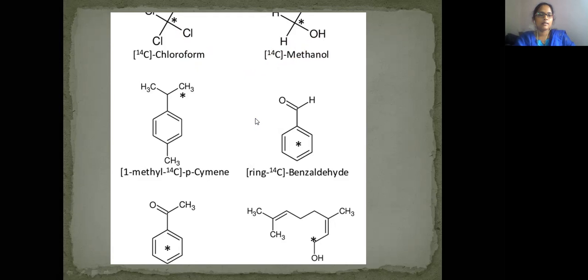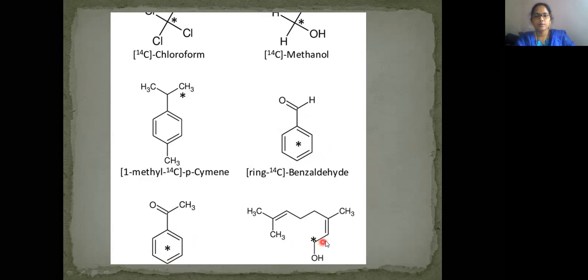And this is cymene. Here, at the 1-methyl position, we are replacing this carbon with the radioisotope. Here we have benzaldehyde. In the ring we are replacing the carbons with C14. And here also in the ring we are replacing the carbons with C14 radioisotopes.